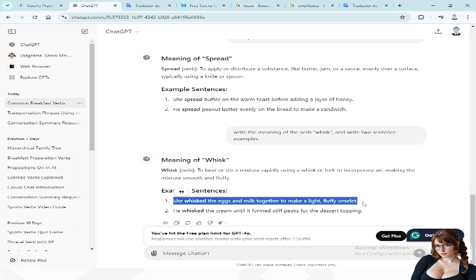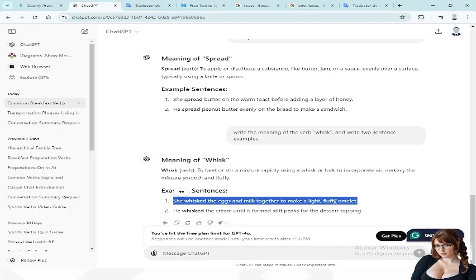She whisked the eggs and milk together to make a light, fluffy omelette.